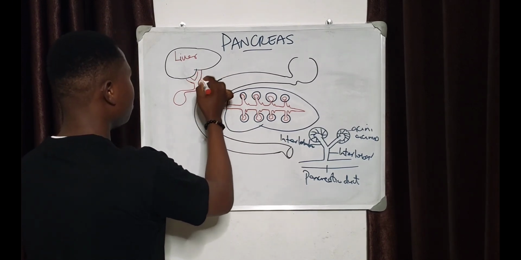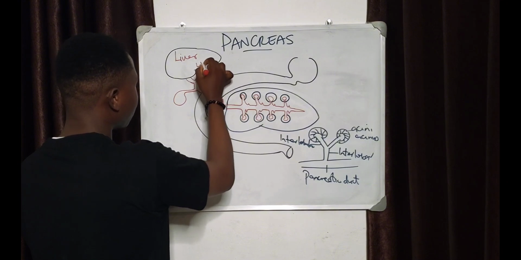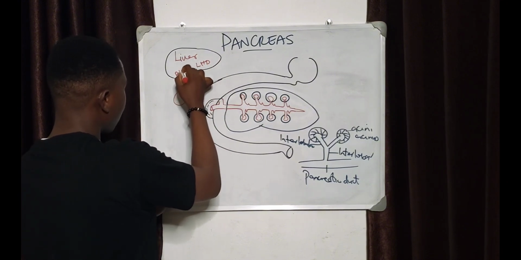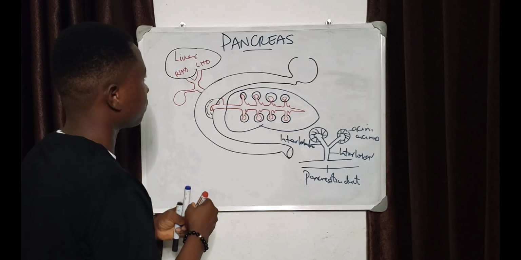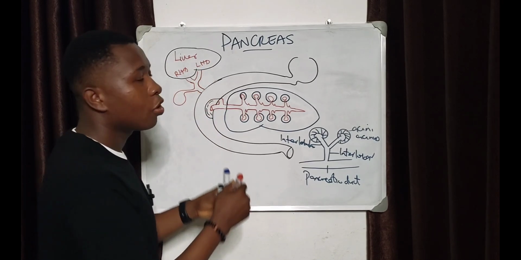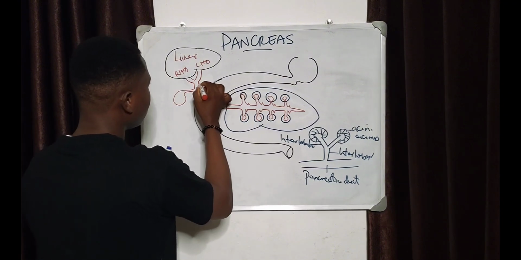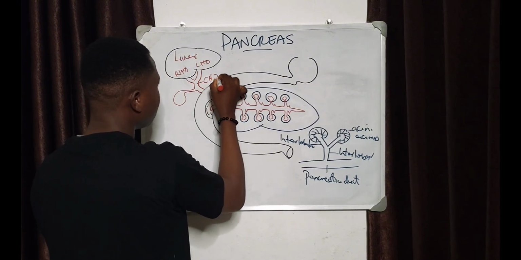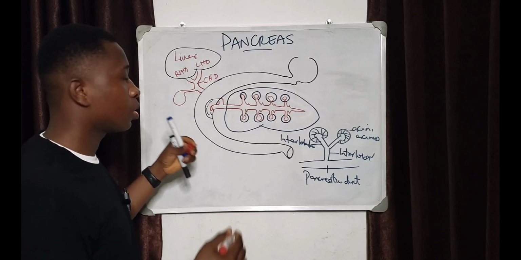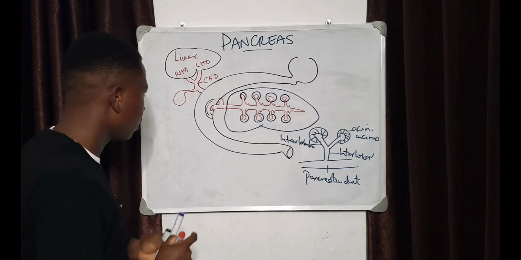This one at this side is known as the left hepatic duct, and this one is known as the right hepatic duct. These two ducts meet at a single duct called the common hepatic duct. So the left and the right hepatic duct meet at the common hepatic duct.